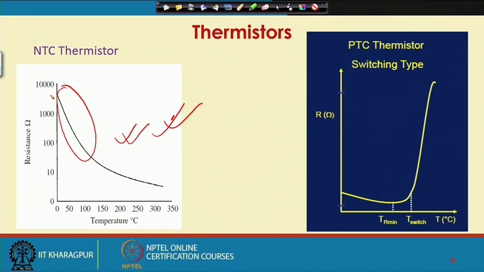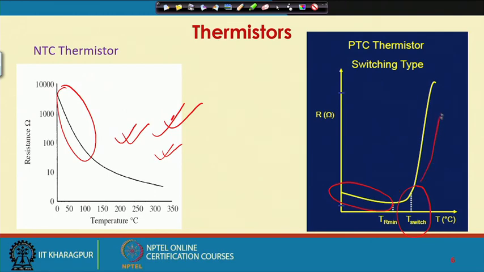However, PTC thermistor or positive temperature coefficient thermistor is also available. Here you will see that initially the resistance decreases with increase in temperature similar to NTC thermistors, but then there is a temperature which we call switch temperature.